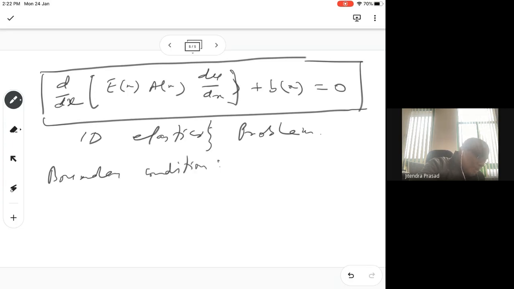Depending on the problem, the boundary conditions will be different. You can have boundary conditions of different types. One is what we call the essential boundary condition.